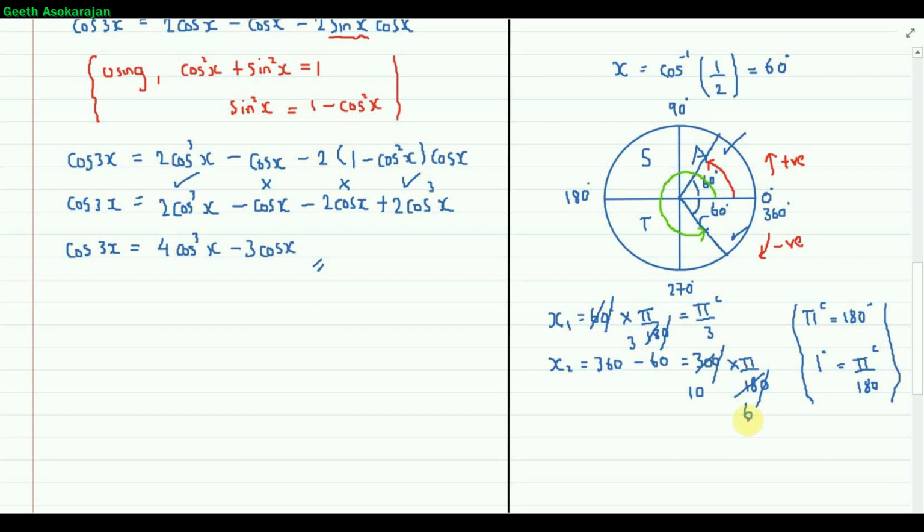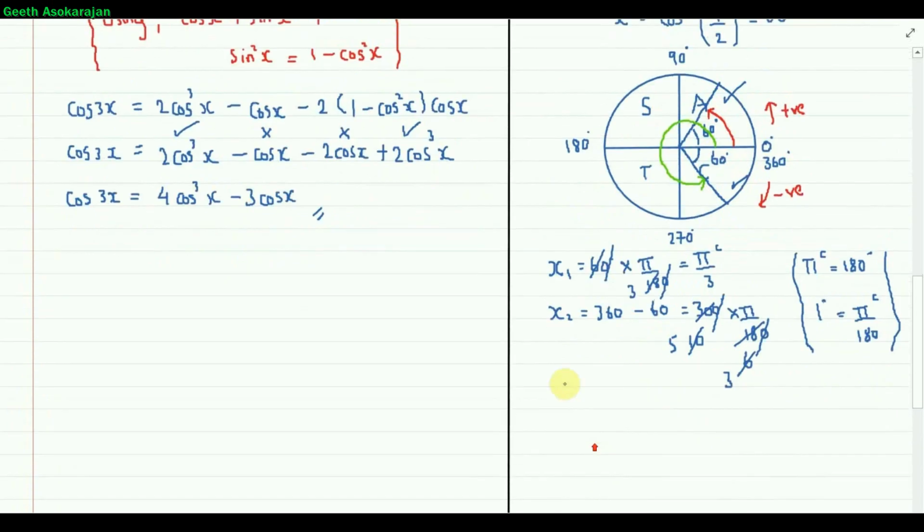I can cancel further. 2 goes into 6 3 times, 2 goes into 10 5 times. So for the other solution, x2, I can't cancel further. I'll leave it as 5, not forgetting the pi, so 5 pi divided by 3 radians.